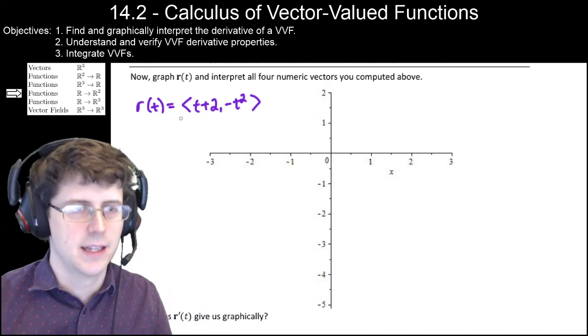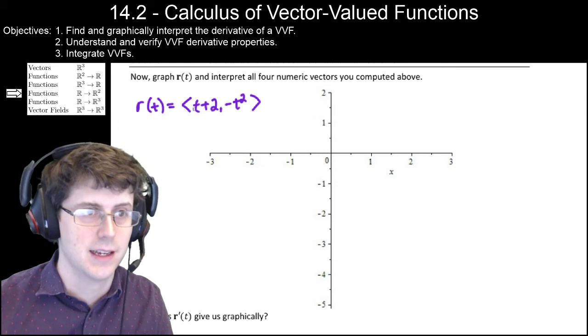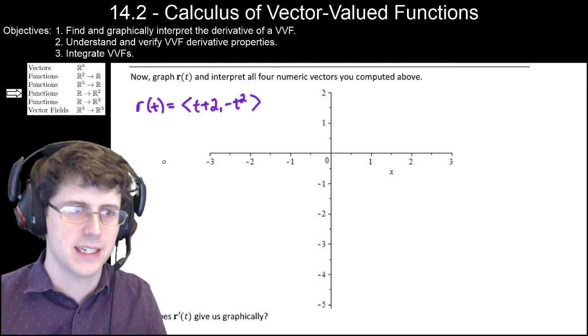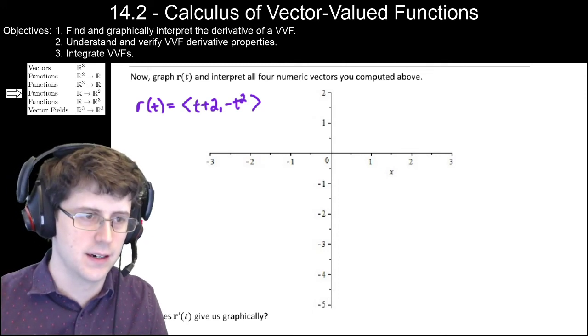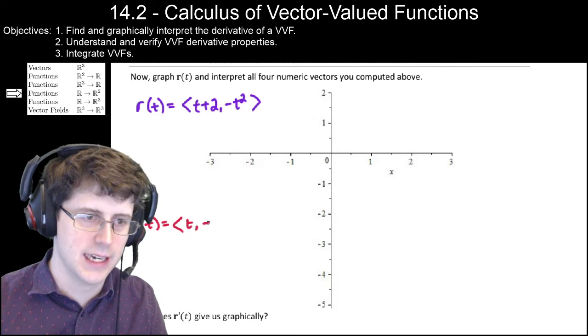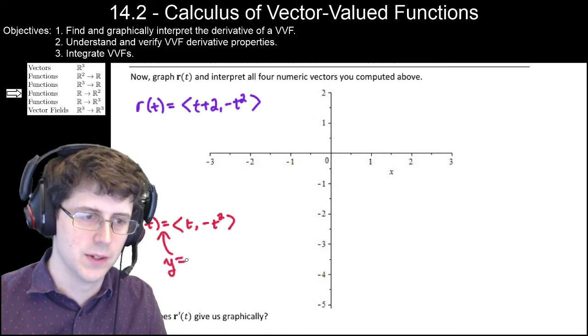To graph this, I can just plug in a bunch of values of t until I understand what's going on. I do want to notice that if I had just r of t was t minus t squared, this would be the regular old function y equals minus x squared.